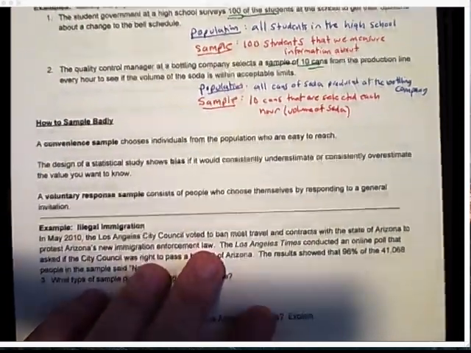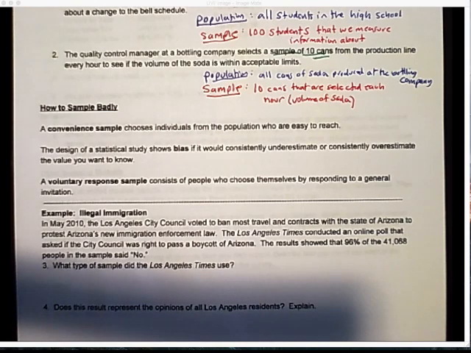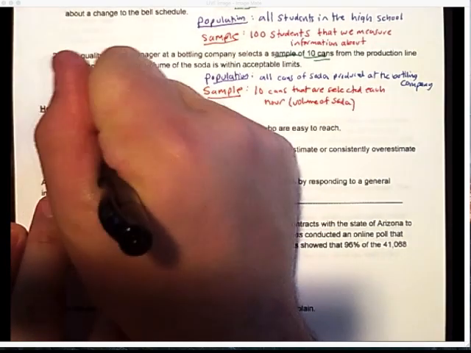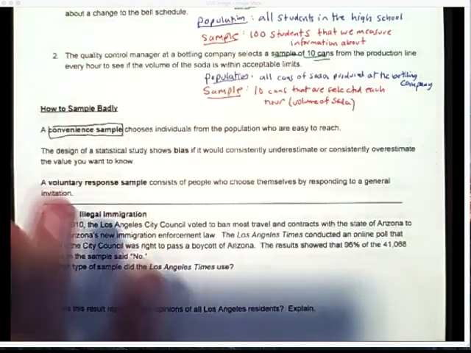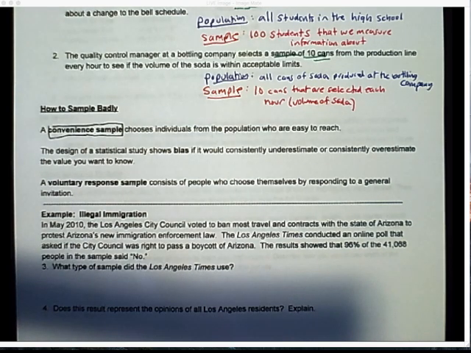So the next part of the text kind of goes over some things that you shouldn't do when you're taking samples. So there's a certain type of sample called a convenience sample. Okay. It chooses individuals from the population who are easy to reach.